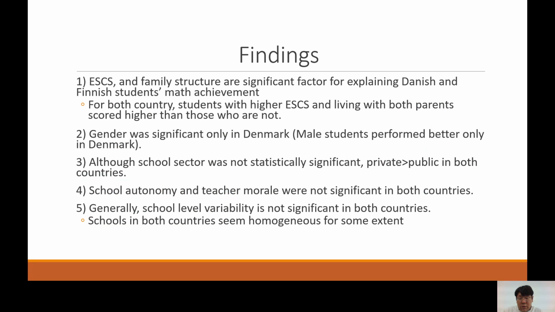So we found that, number one, ESCS and family structure are significant factors for explaining Danish and Finnish student math achievement. For both countries, students with higher ESCS and living with both parents scored higher than those who were not. Yeah, this is reasonable. And number two, gender was significant only in Denmark. Male students performed better only in Denmark.